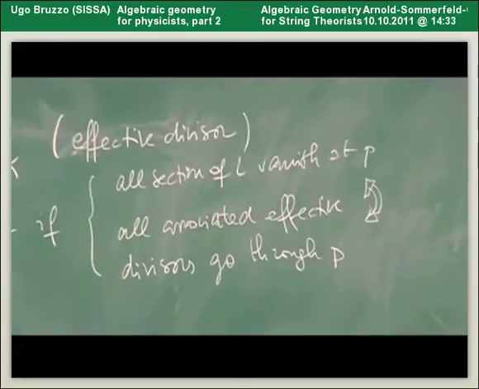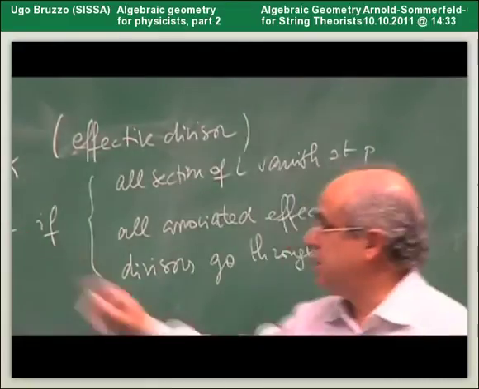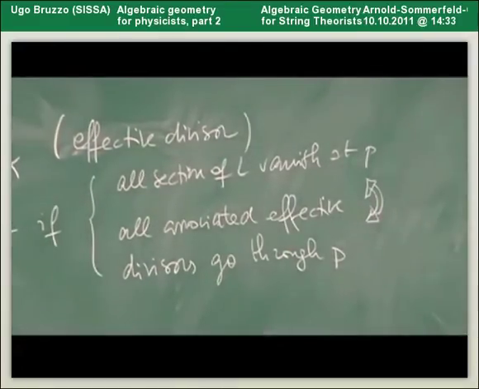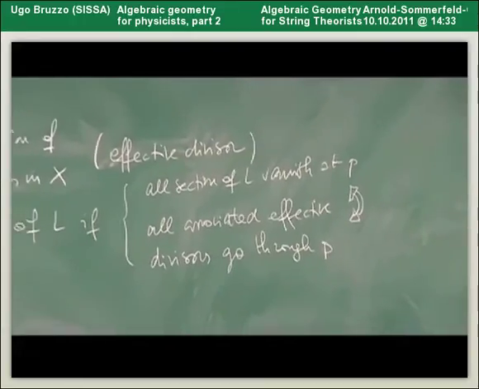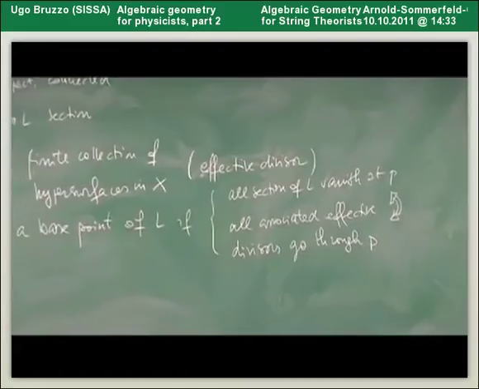So we say that a point P is a base point of this line bundle if all sections vanish at P, or if all associated effective divisors go through that point.